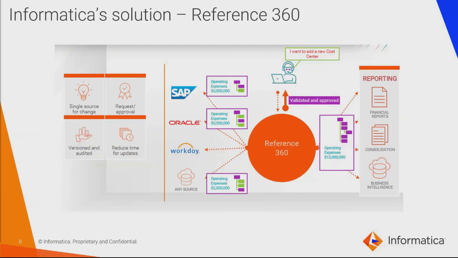Change requests are validated and approved in a unified environment. Changes are then deployed to all participating applications on a predefined schedule or on demand. Governance is easily enforced at a single location. Thus, R360 becomes your one-stop shop to manage reference data across the enterprise where business can serve themselves instead of waiting on IT.